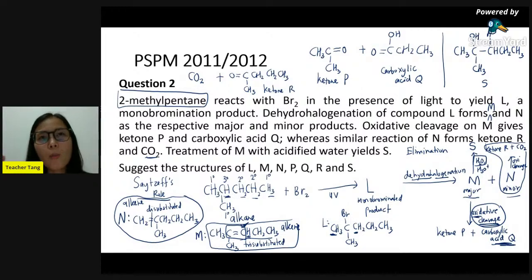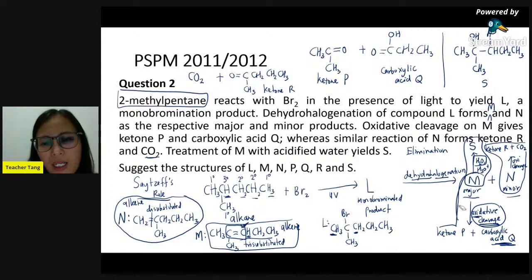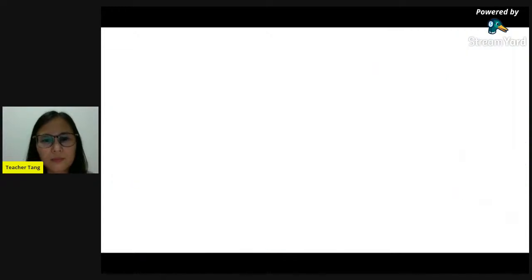And alkene has two types of reaction: electrophilic addition or oxidative cleavage. Oxidative cleavage can only use two reagents, hot acidified KMnO4 or ozone. If it is not ozone or hot acidified KMnO4, then it must be electrophilic addition.